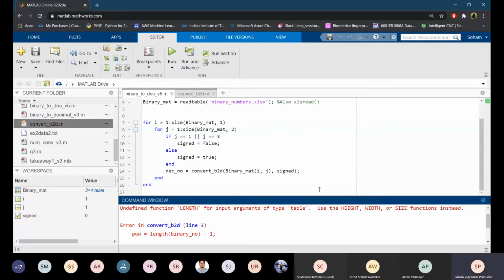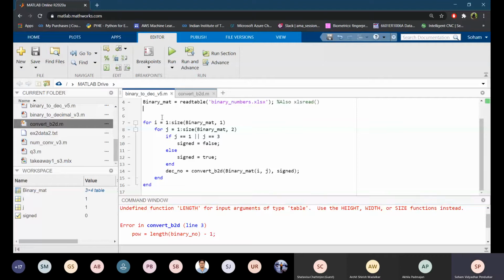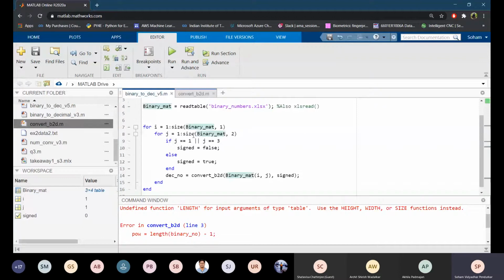So what we can do is convert the binary table to a matrix. Let's modify this a little bit. We can have binary mat here, because we're going to change it.